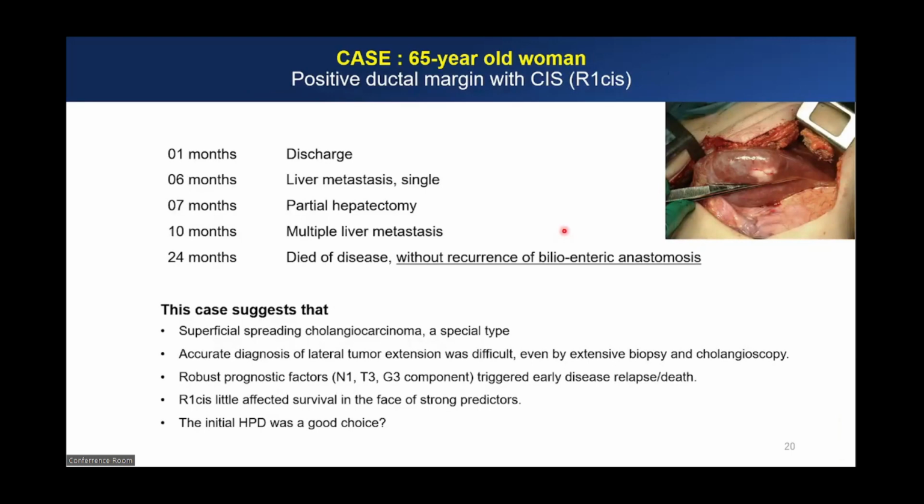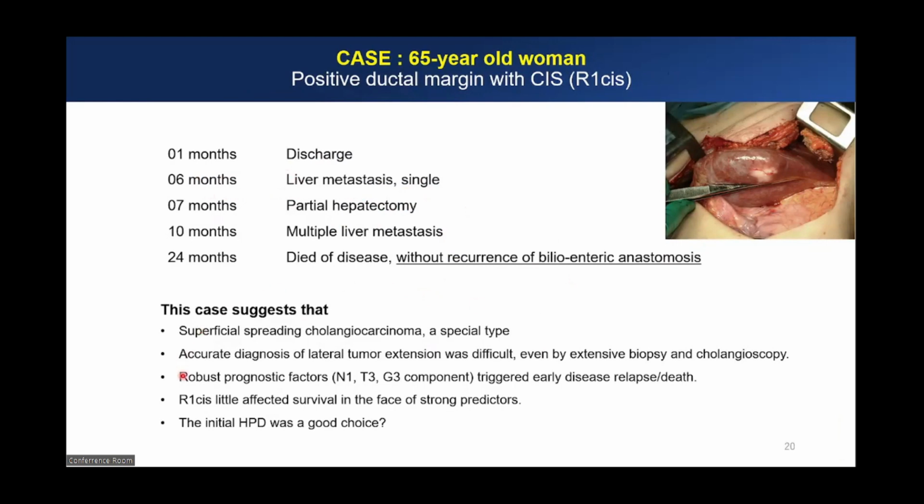And this is the course of this patient. She had liver metastasis only 6 months after surgery. And we performed a partial hepatectomy because this was a single liver metastasis. But she had multiple liver metastases and died of disease, the result of recurrence at the anastomosis.